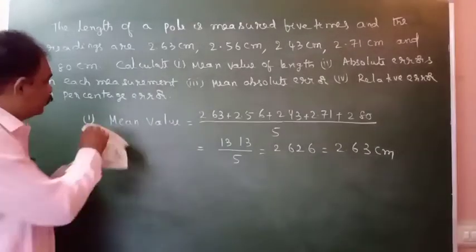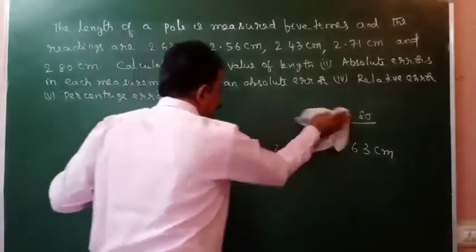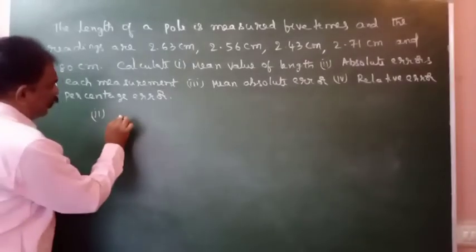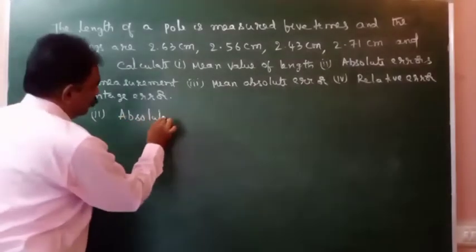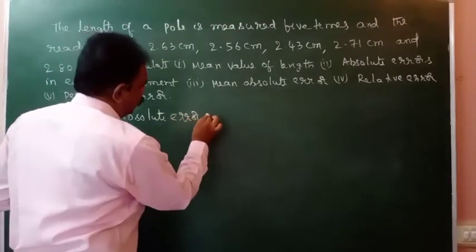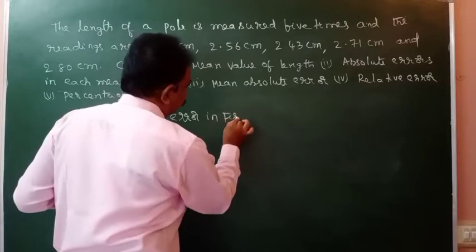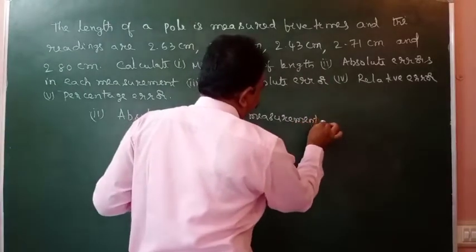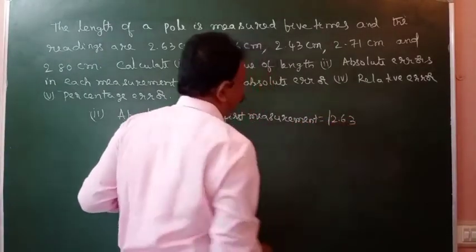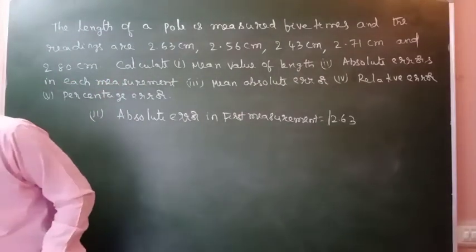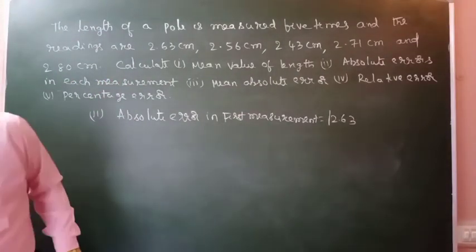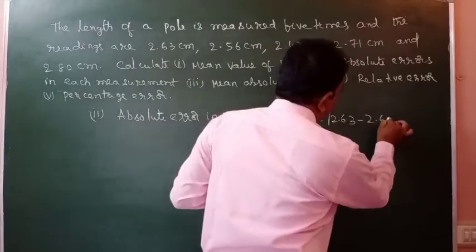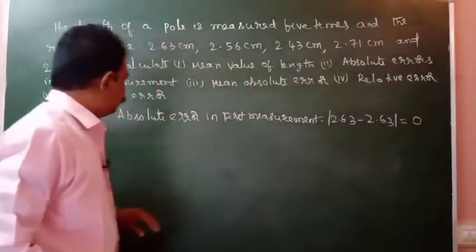Next, if you consider absolute error in each measurement, then absolute error in first measurement is equal to mean value, how much we got, 2.63, minus the first value, which is 2.63 only, so this is equal to 0.